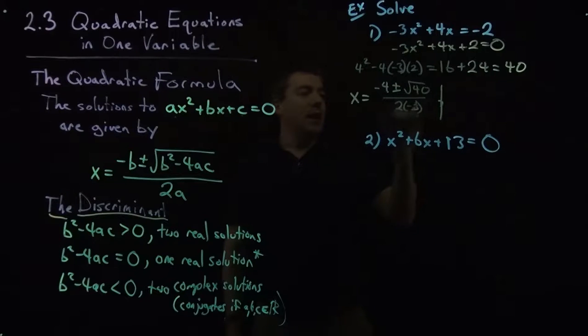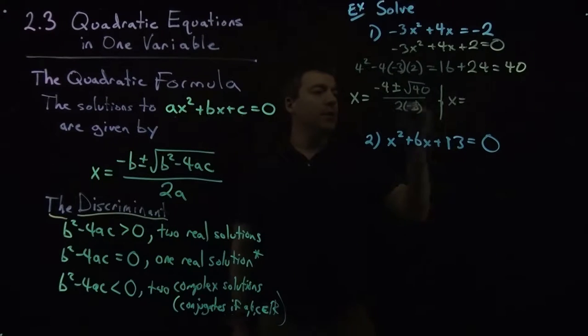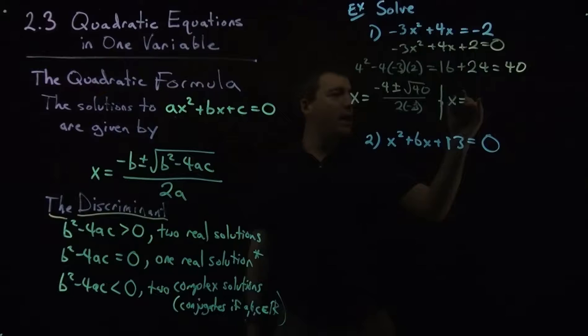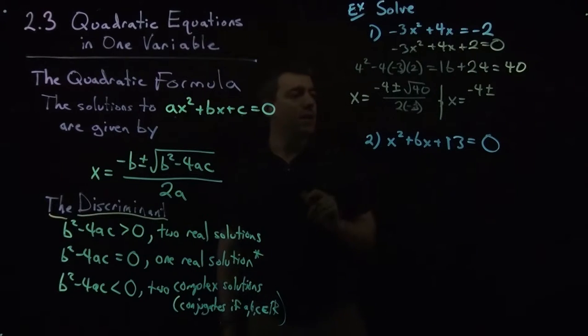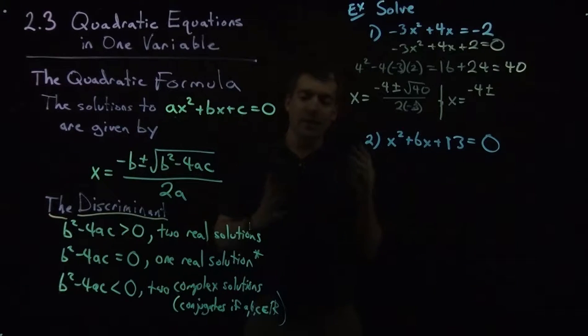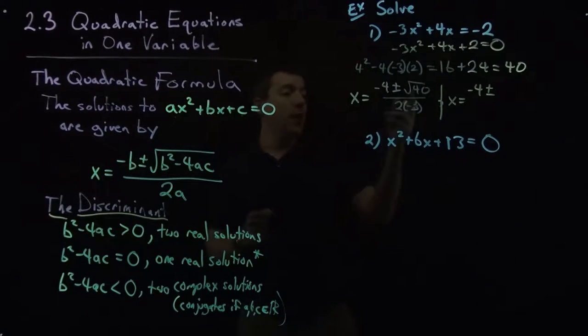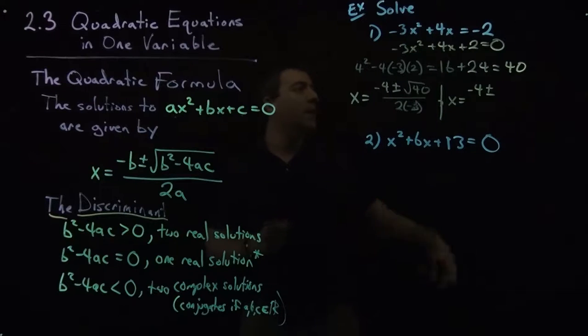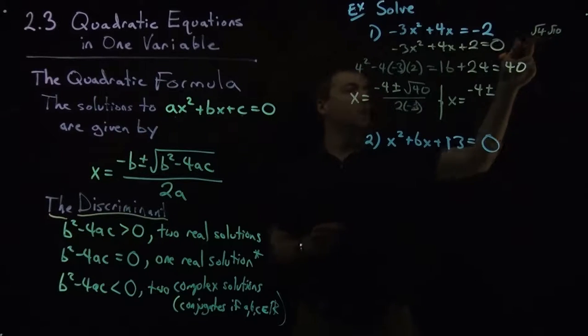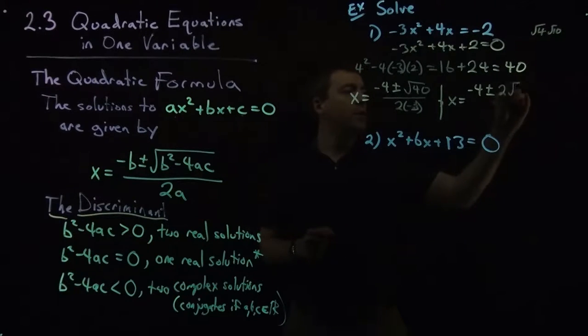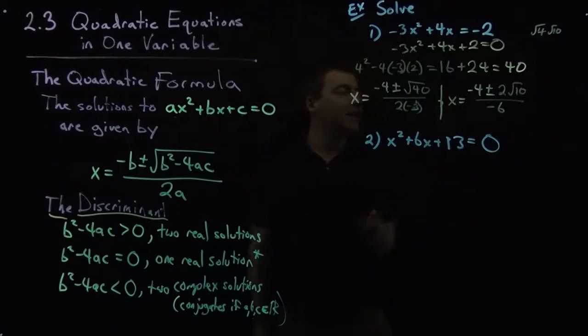Actually, let's go ahead and simplify this a little bit. So x equals negative 4 plus or minus the square root of 40. 40 is 4 times 10. Right? So we could write this as the square root of 4 times the square root of 10. That's going to be 2. So 2 square root of 10 divided by negative 6.